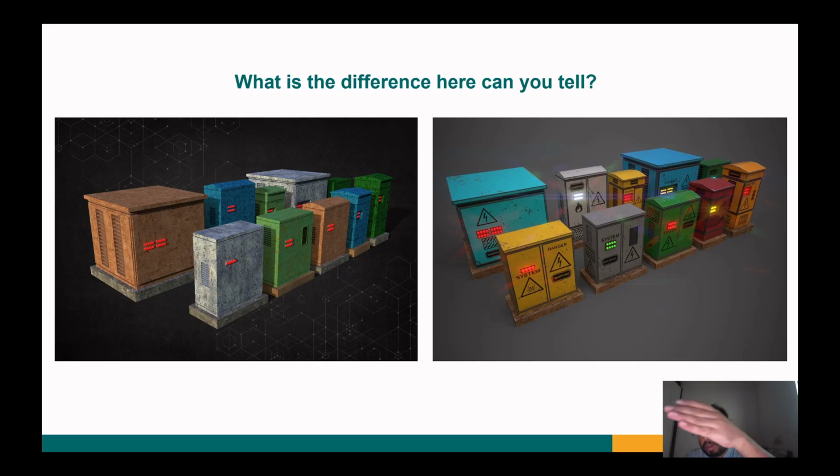But in the second one, you immediately catch that the basement is rock, or a brick, or a concrete, whatever. And the upper part, the box, is metal. So it's like that.